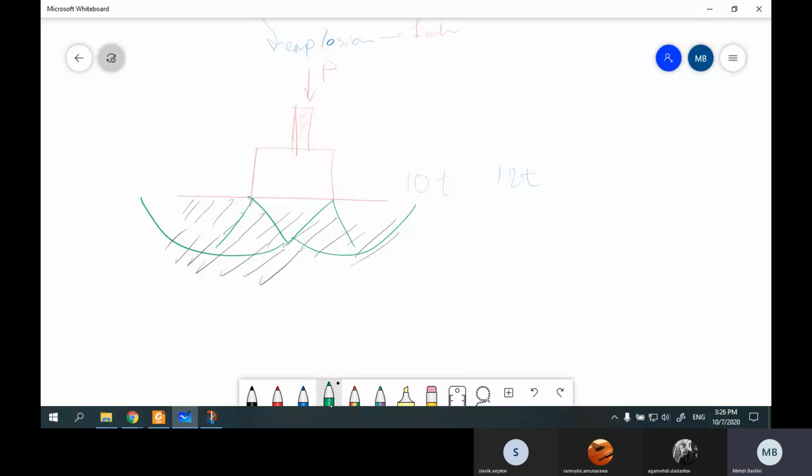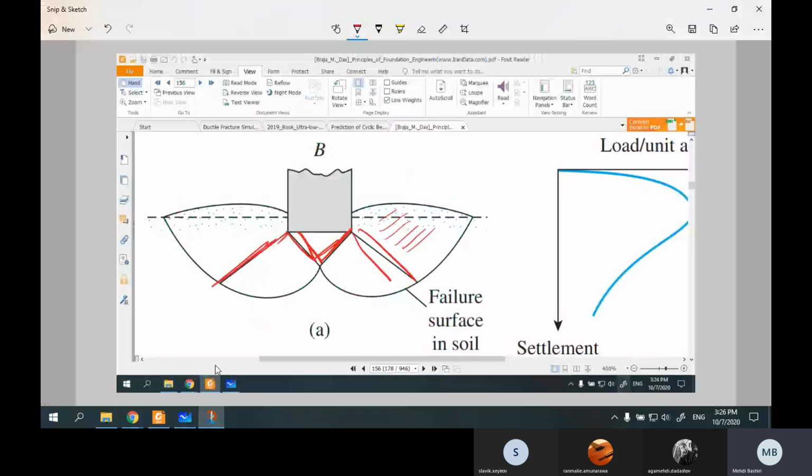And the soil is not stable, or it's unstable. Why is it not stable? Because here they're not connected together anymore in these parts. They'll slip.